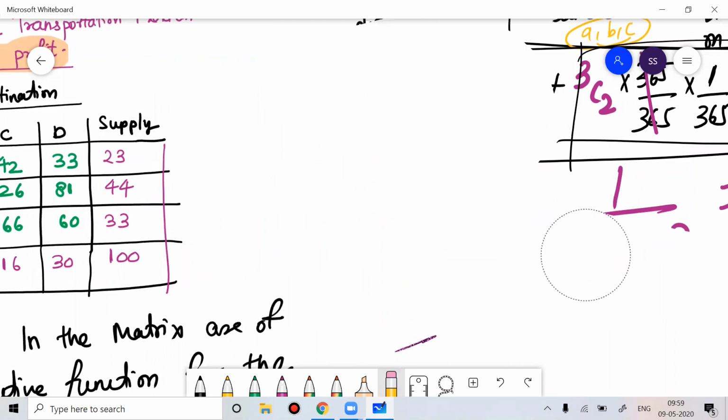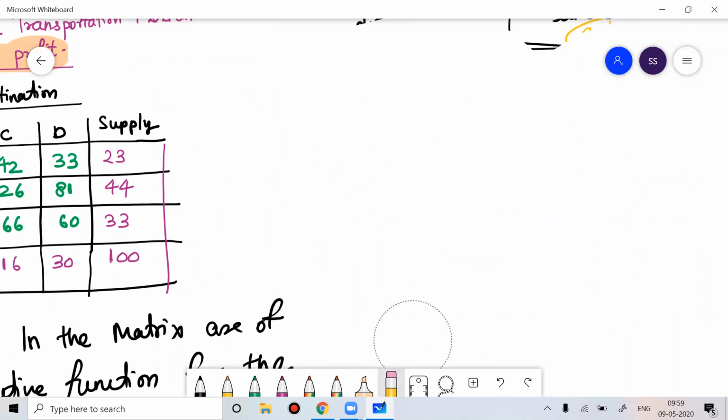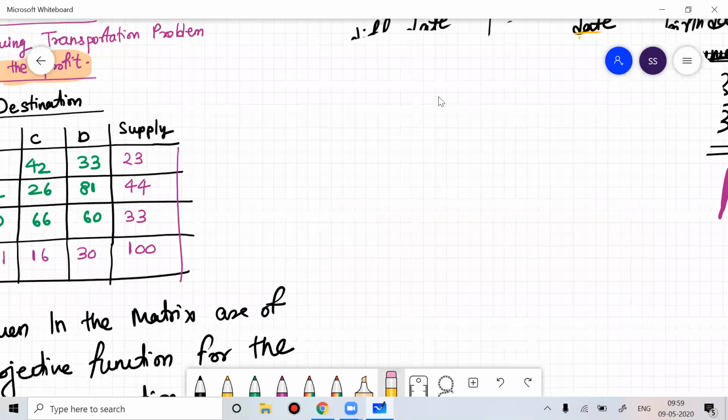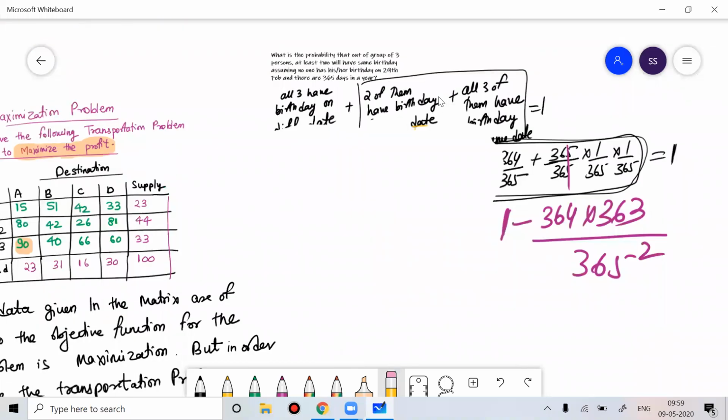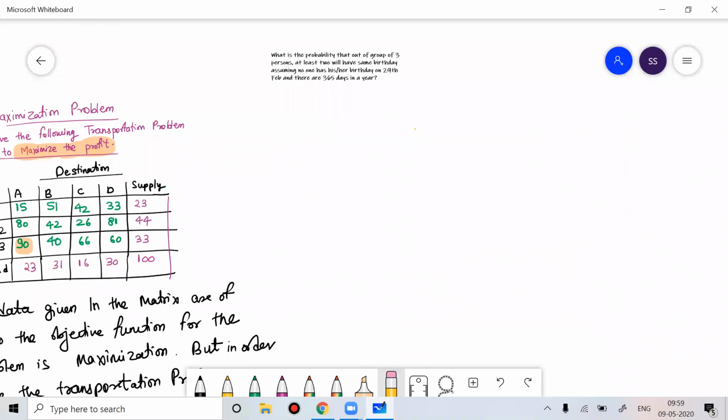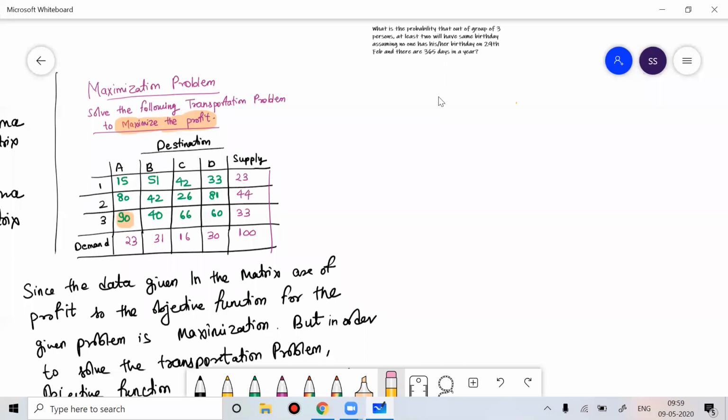So what I will do, I'll convert this maxima matrix into a minima matrix. So let's see here. How will we convert this maxima matrix? You can see this matrix now. For you, I'm converting it here only.